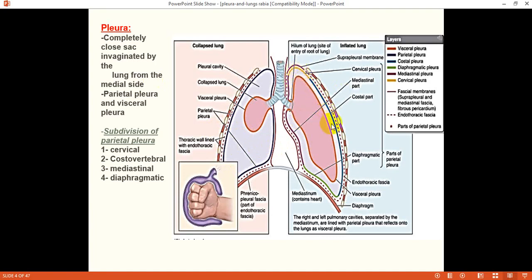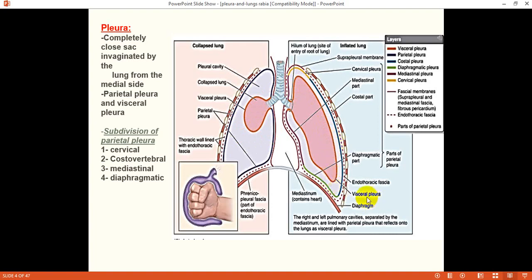Now we can imagine this space as a balloon here, which is indented by the lungs from the medial side. When the lungs indent the pleural sac, there is a layer of pleura which is going to be in direct contact with the lungs. Here you can observe, which is known as the visceral pleura.